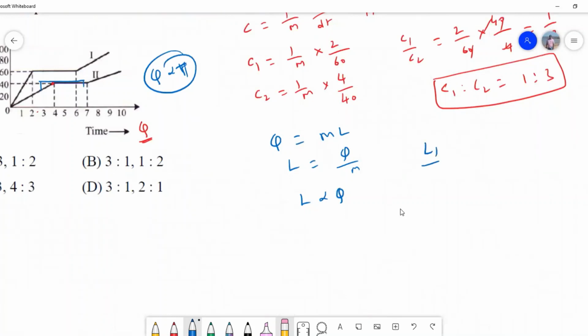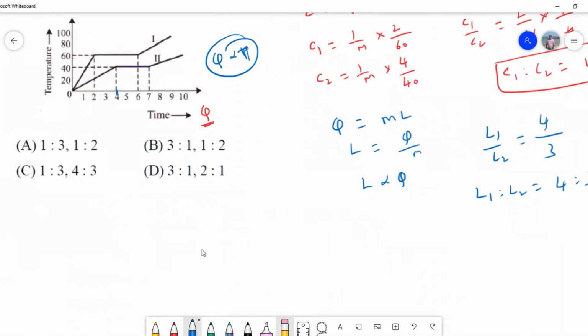L1 upon L2 is equal to, L1 means from here to here the time, 6 minus 2 is 4, by, for the second liquid, from 4 to 7, so 3. So L1 is to L2 is equal to 4 is to 3. So let us see the option. Option C, 1 is to 3 and 4 is to 3.